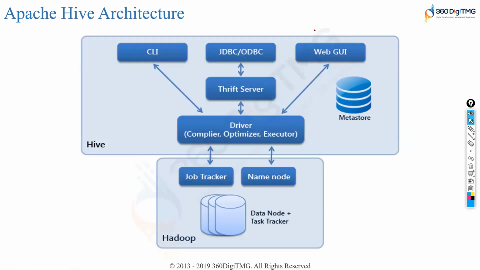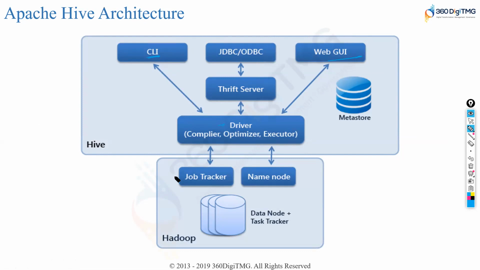So this is your diagram. You can see this is the command line interface or web UI. Different options are available. Or we can also say JDBC or ODBC. This is another option. And here we have the Thrift server. That Thrift server is going to generate the driver for us.